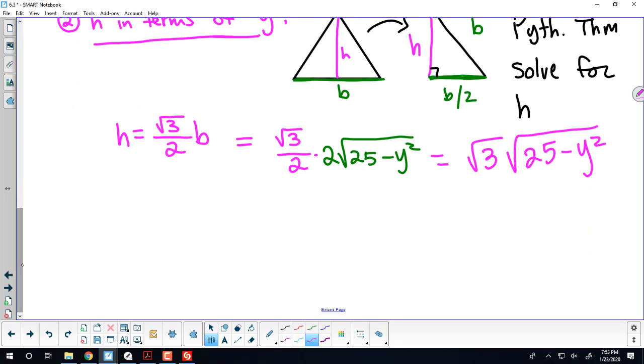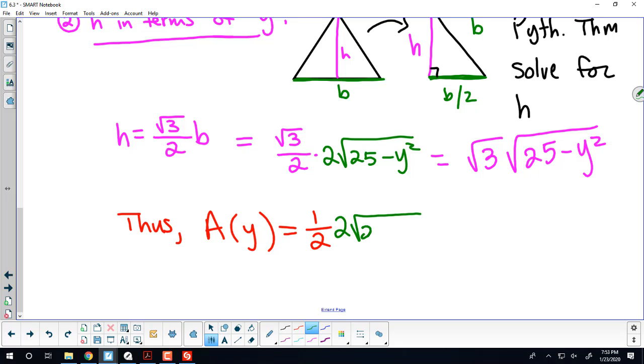You've got the area in terms of y, because we had dy from the very beginning, is 1/2 the base times the height.